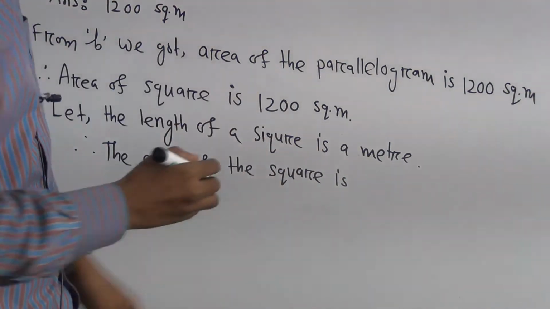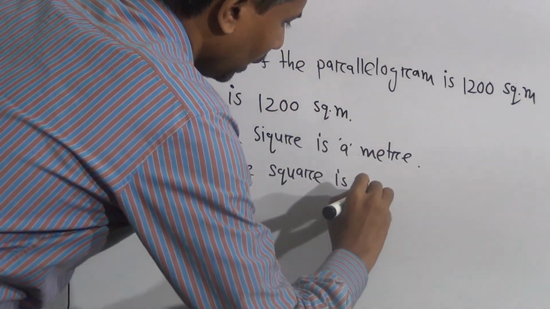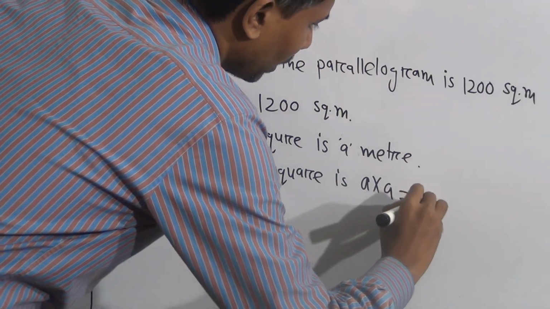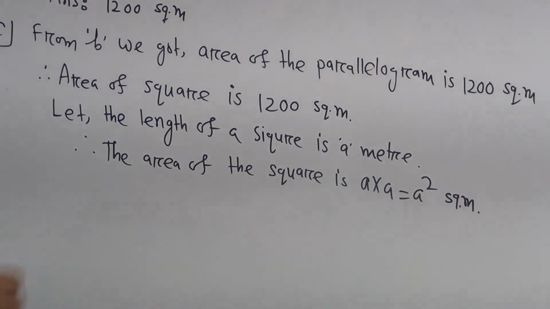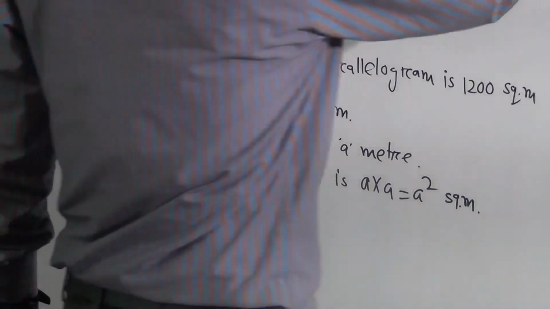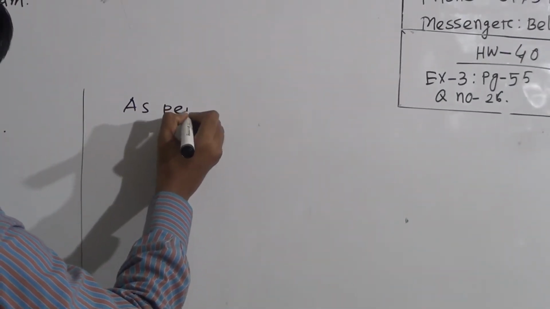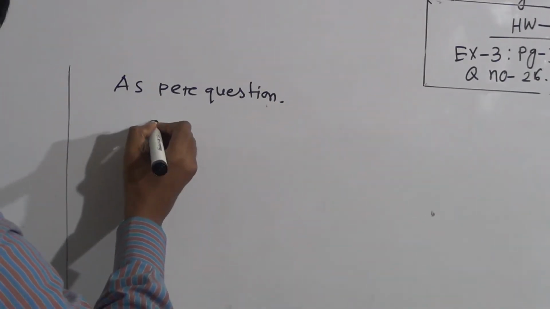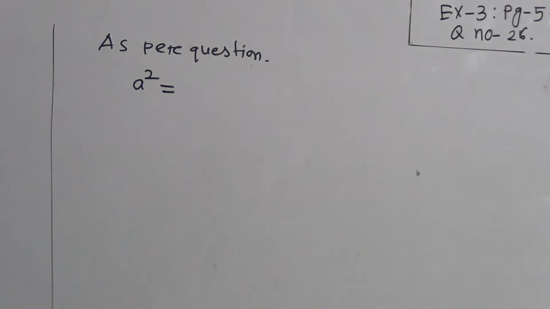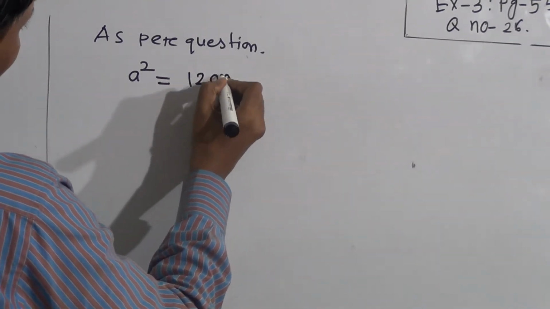One side into one side, that means a into a, which is equal to a square meter. Now we have to write as per the question: a square, this is the area of the square, and this is equal to 1200 square meter.